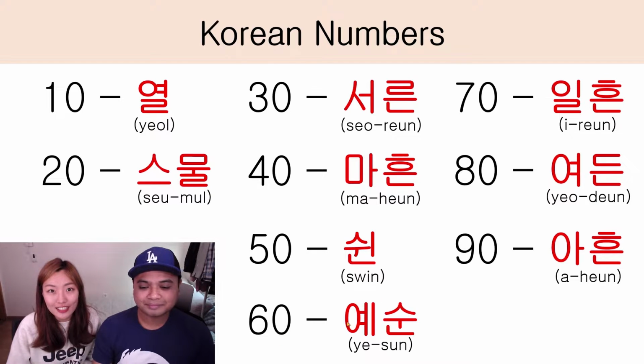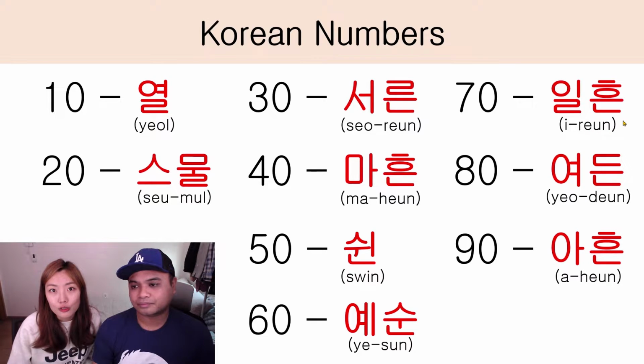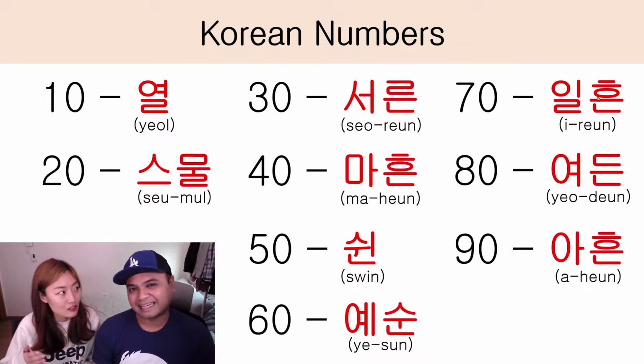And 60 is 예순. And 70 is 일흔. Because of the Korean pronunciation rule, normally the H sound is silent.